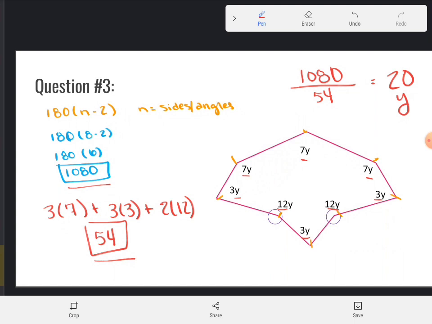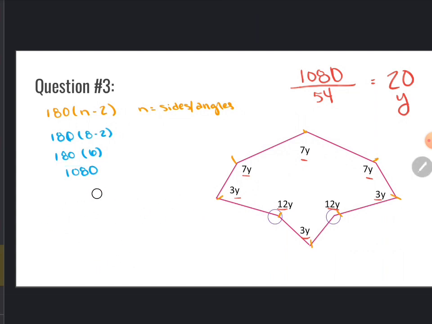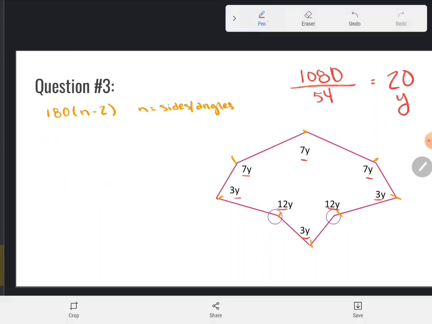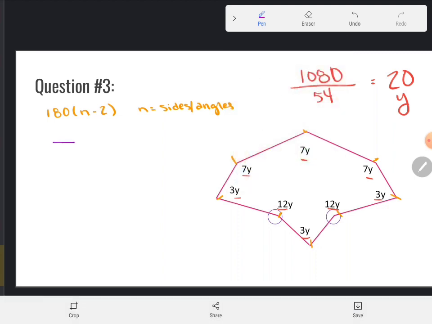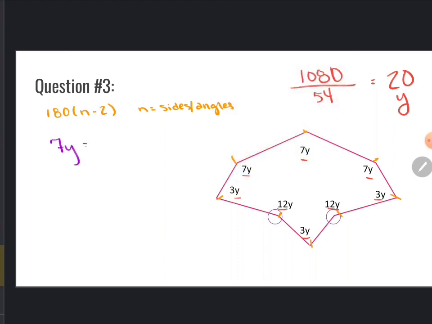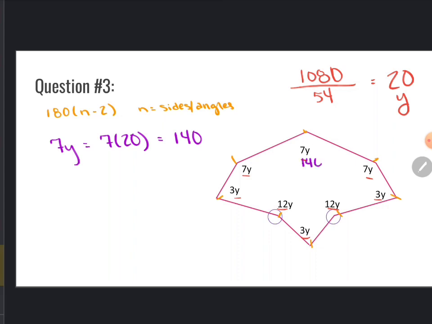So now, in order to solve for each angle, and we're going to erase this since we already have that information, now that we have our y, we can find the measurement for each angle. Starting out, we have our 7y, which will be 7 times 20, or 140, meaning that each angle that has 7y will be 140.